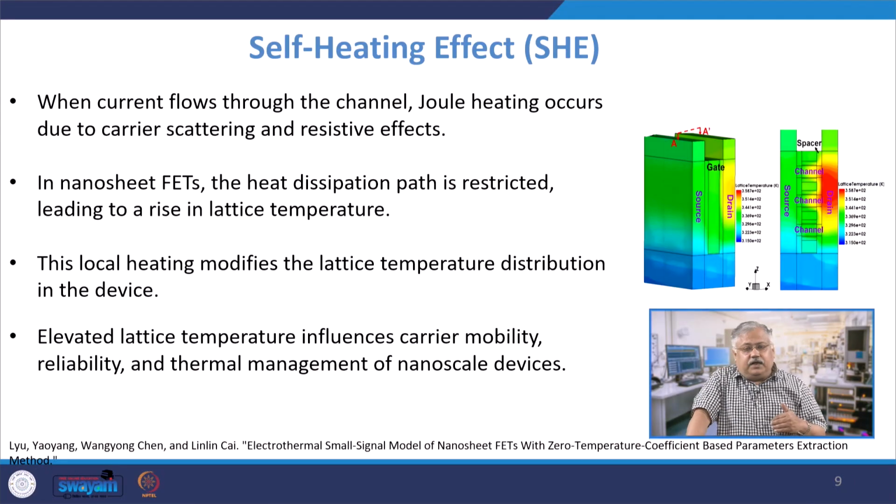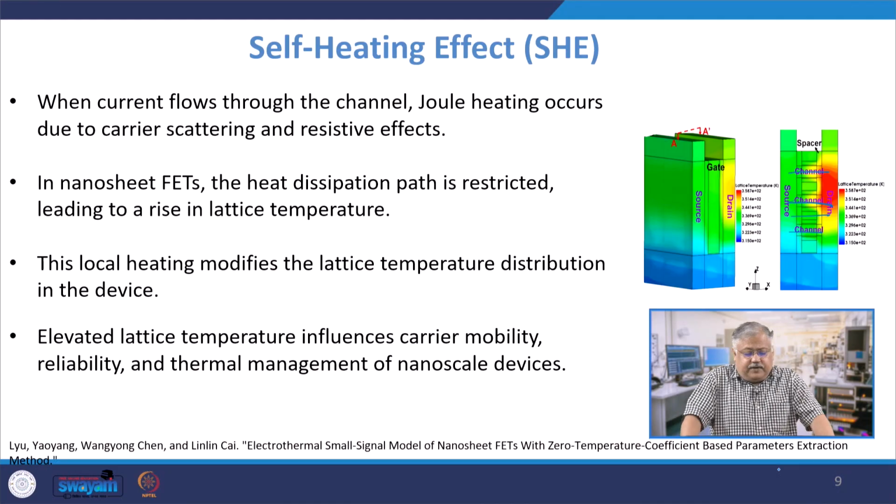Self-heating means that the temperature within the device itself rises, and it's basically a cyclic process, because of which, as the temperature rises, the scattering becomes larger, and Joule heating becomes larger. When Joule heating becomes larger, it further makes the thermal effect go larger and larger near the active hotspots. In nanosheet FETs, since you understand nanosheet FETs are aligned in this manner, right?